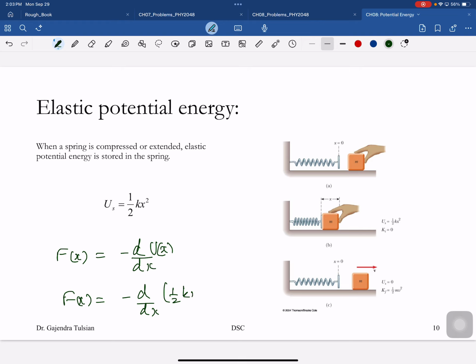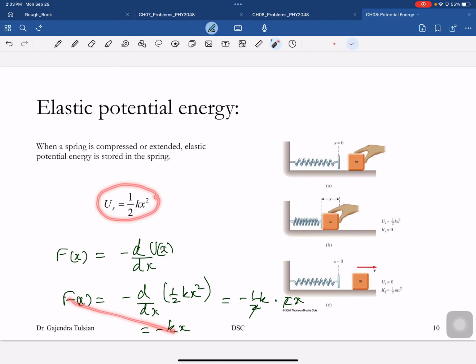One half k x squared, and the derivative of x squared is 2x, so we get minus kx. So you see this potential energy function does give you the right force.